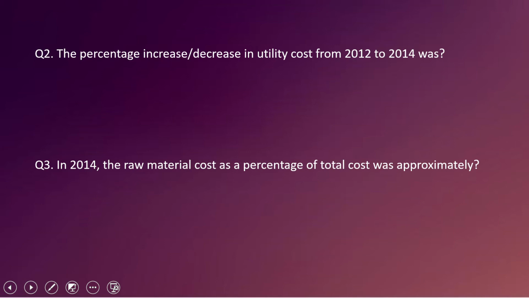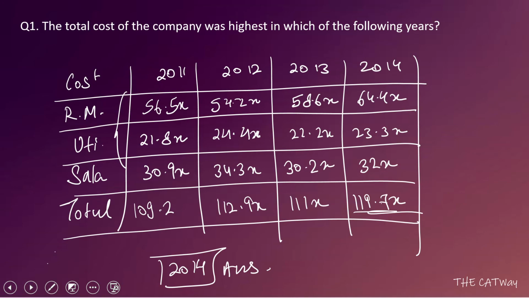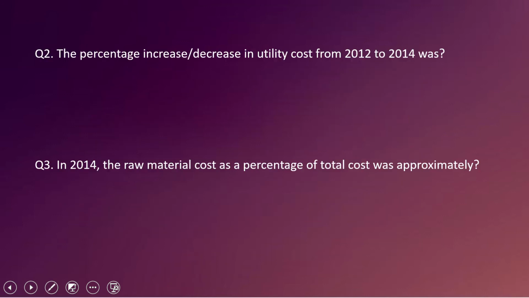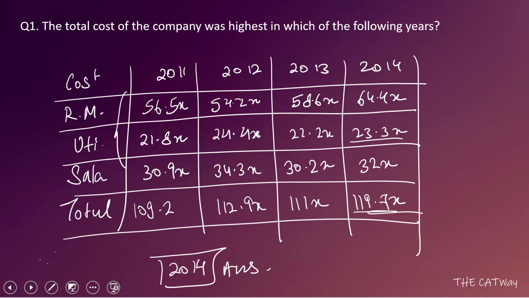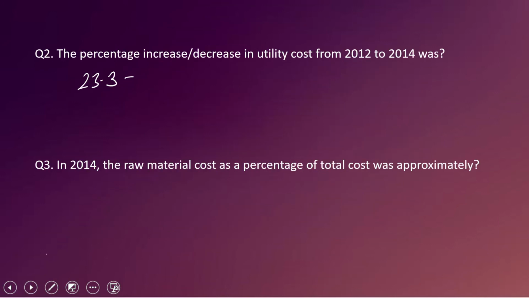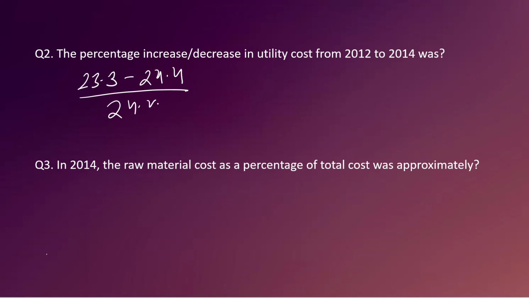The second question says that the percentage increase or decrease in utility cost from 2012 to 2014 was. The utility cost in 2014 was 23.3. From this we will subtract 2012, that is 24.4, and in division we will take 2012, 24.4, because the formula for percentage increase or decrease is final minus initial divided by initial, and into 100 for percentage.